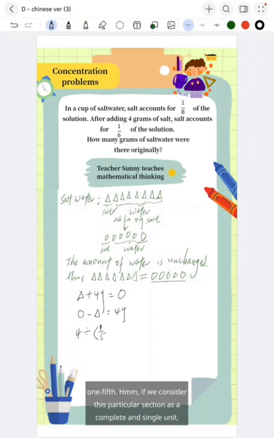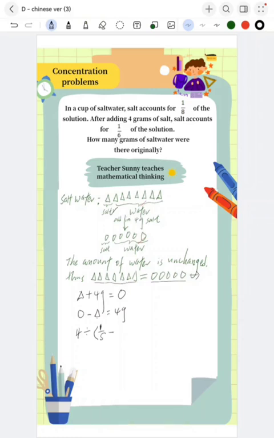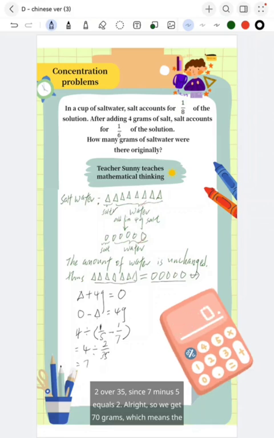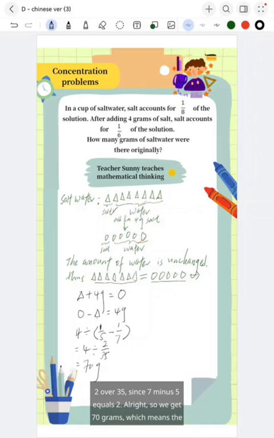If we consider this section as a complete single unit, then subtract the triangle, which is here, 1 out of 7 parts is 1/7. In this way, we can get the result. 4 divided by 2 over 35, since 7 minus 5 equals 2. Alright, so we get a total of 70 grams, which means that the value of 1 unit here is 70 grams. So this crucial value has been determined.